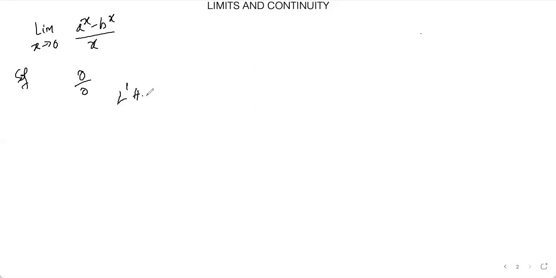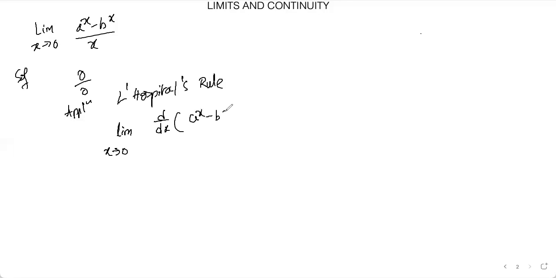Now again by applying L'Hopital rule, limit as x tends to 0, d by dx of a power x minus b power x by d by dx of x.